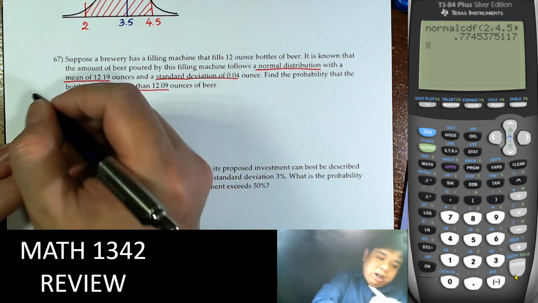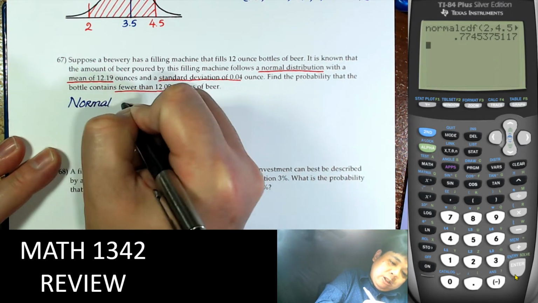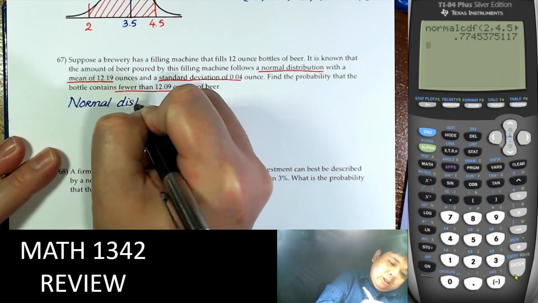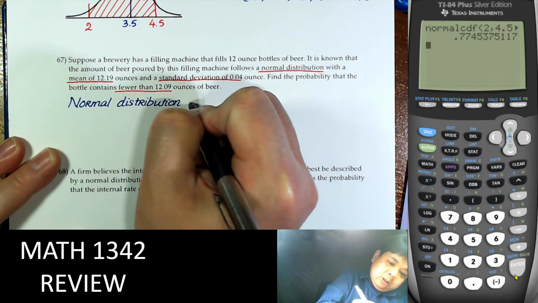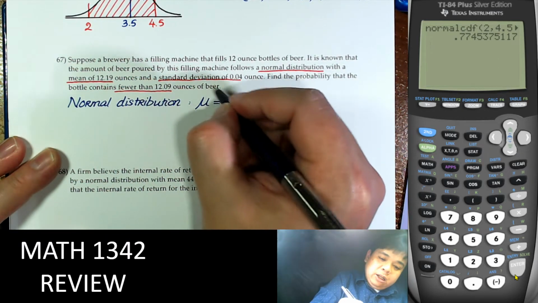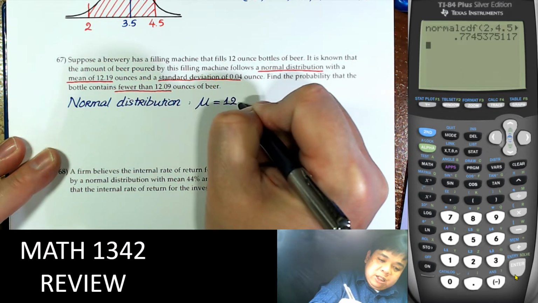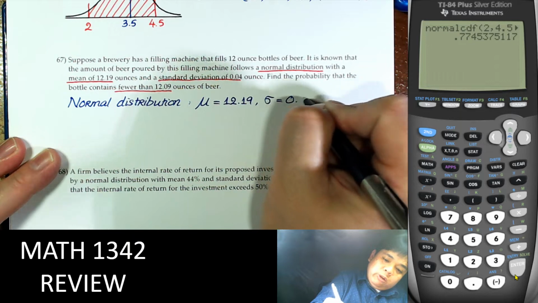So let's write out the summary. We have a normal distribution, the mean of 12.19 and standard deviation of 0.04.